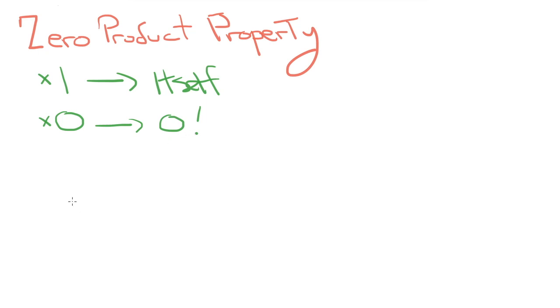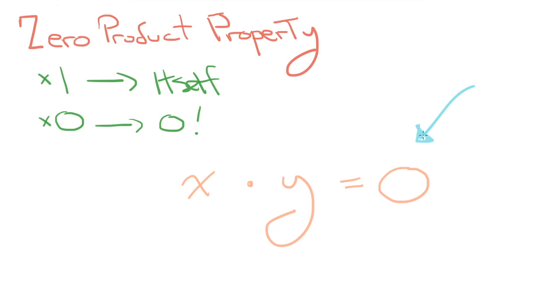So we're going to do something called the zero product property. And here we go. If I said x times y is 0, and I asked you, what could you tell me about x or y? What do you know? Well, you don't really know what they are, but you should have an idea. If you multiply them together, you get 0.